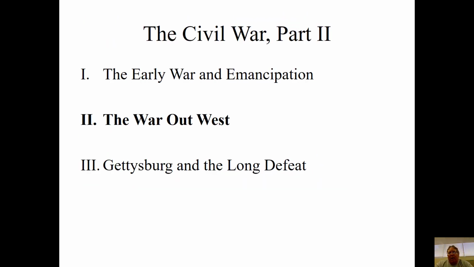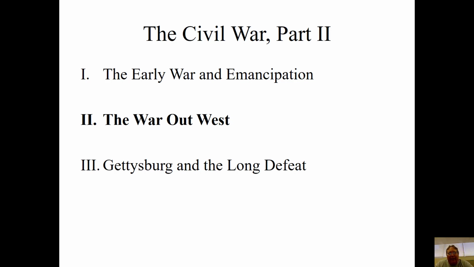So now we're going to turn our attention to the Western theater of war, as it's sometimes called, right? Actually, this is an area where the Northern forces saw their most success early on in the war. Sometimes the Union commanders out there were a little bit better. The Confederate commanders weren't as good as they were in the East.